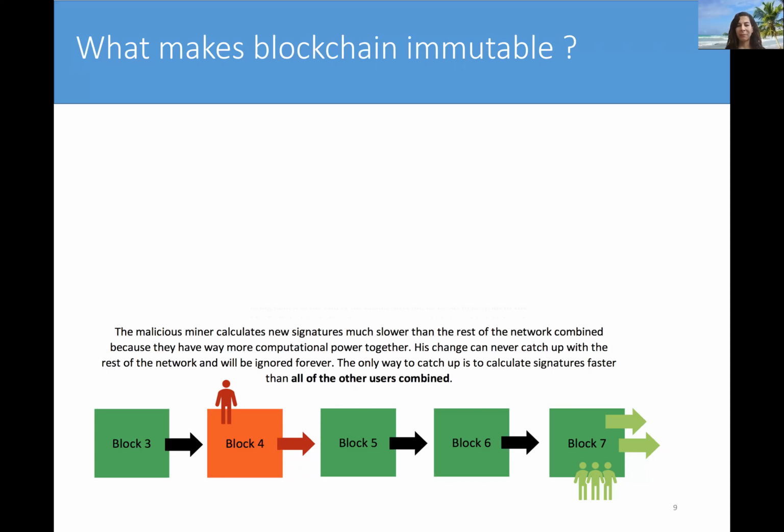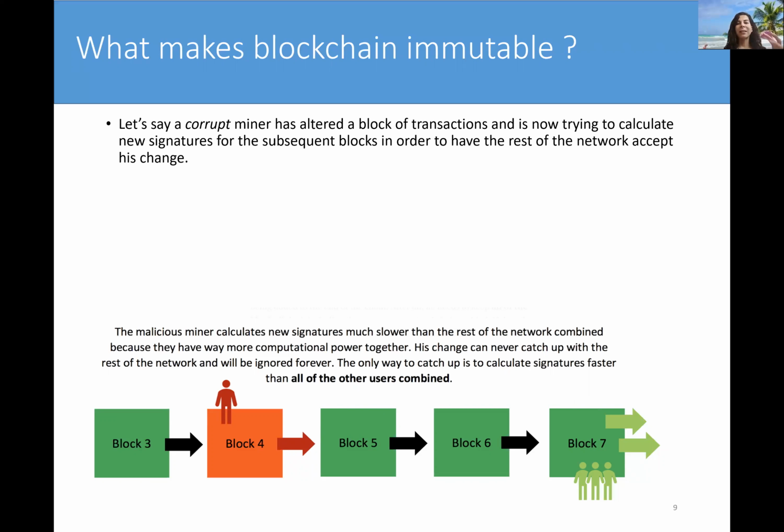That asymmetry in computational power between the potentially malicious user who wants to change the signature and all the other entities in the network combined makes sure that these bitcoins are verified and secure.